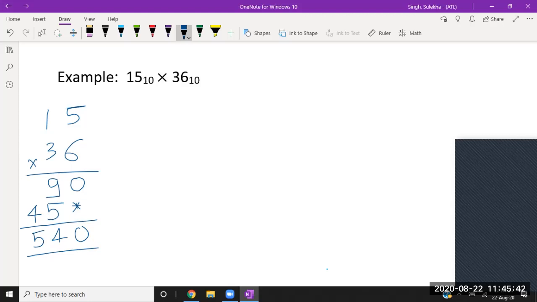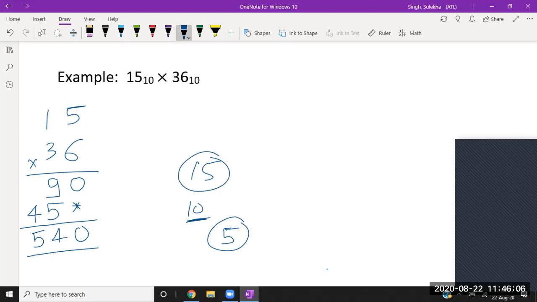So you can make one pair of 10, and after that you are left with 5. That's why you write 5, and this pair of 10 acts as a carry of 1.